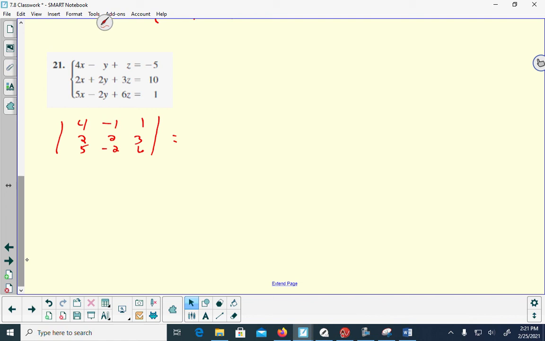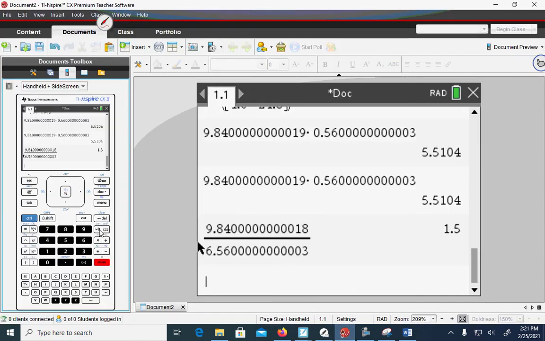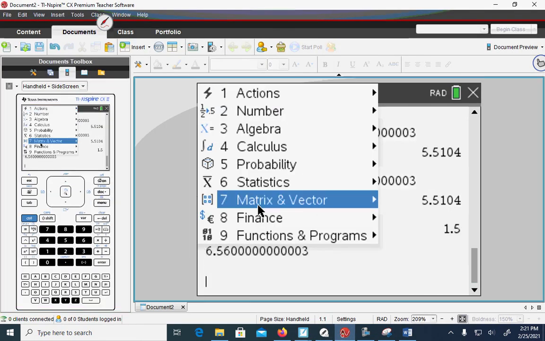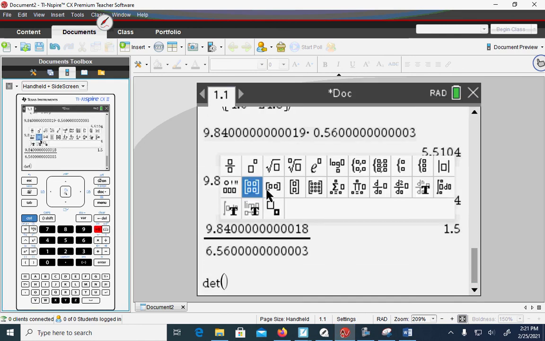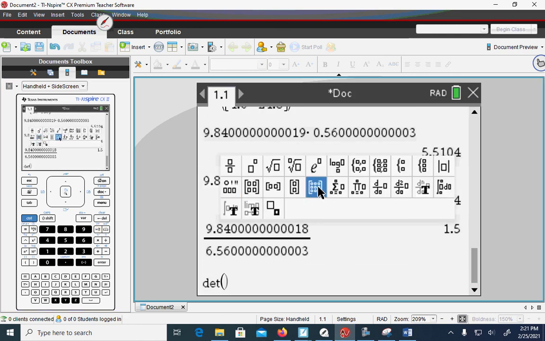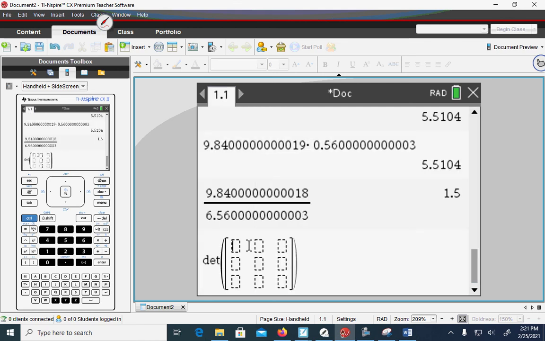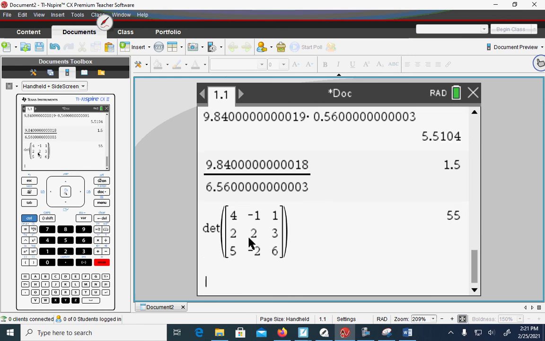So those are just my coefficients, and that's 55.